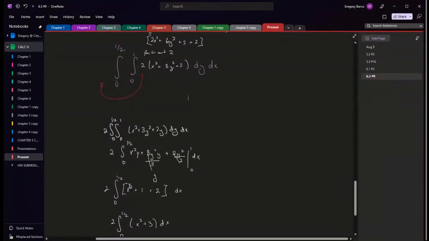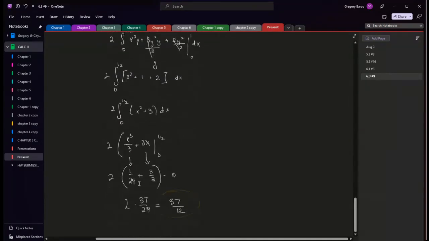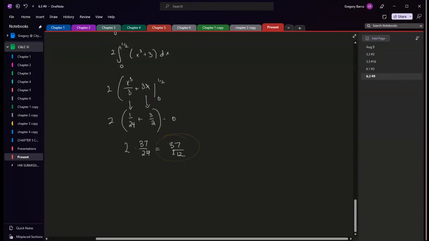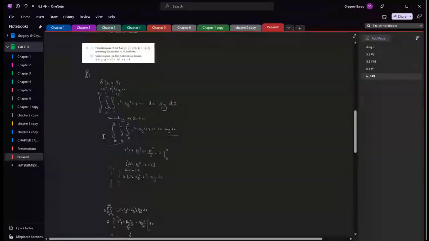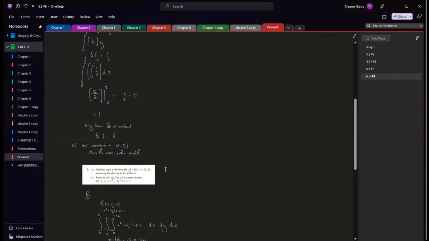We go ahead and do that, and then we do it again another time, and we evaluate the integral. We bring down this constant 2 that we picked up over here, and we find that our integral is now 37 divided by 12. So pretty simple. All right. Okay. All right. Anyone else like to present?